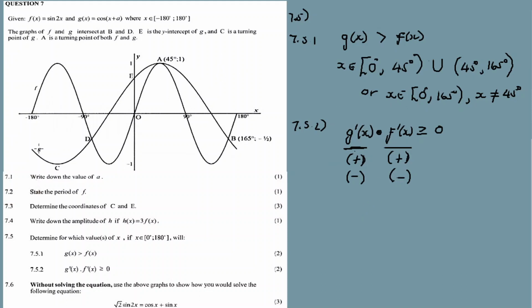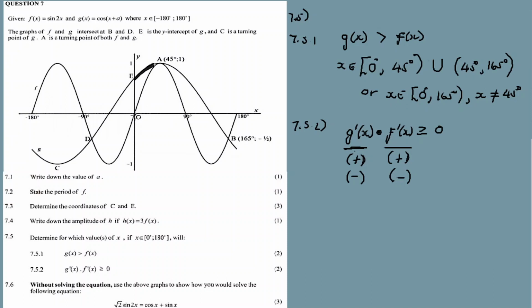Bheka ke nangu g, ngimaka u-g kuqala, nayi function ka g. Alright ke, so i-positive gradient uyibona kanjani? Nayi, the graph is going up la. If the graph iyaphezulu, then uyazi ukuthi lana ine positive gradient.